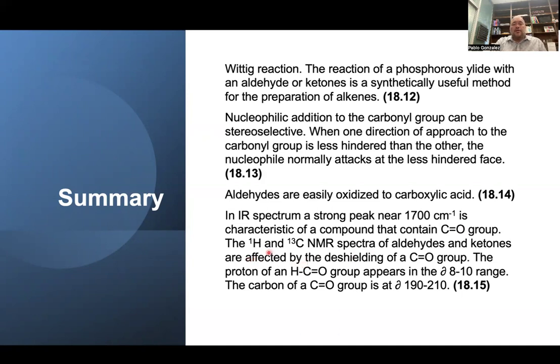In the NMR, the hydrogen of the formyl group is going to be between 8 and 10, really, really downfield. And the carbon of the carbonyl group in the carbon NMR is going to be around 200, really downfield as well.